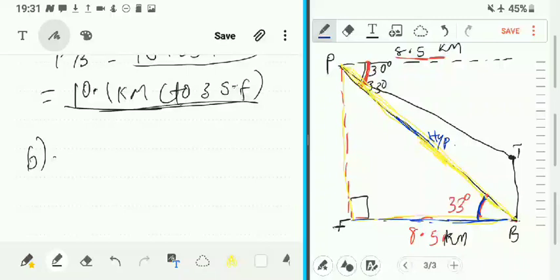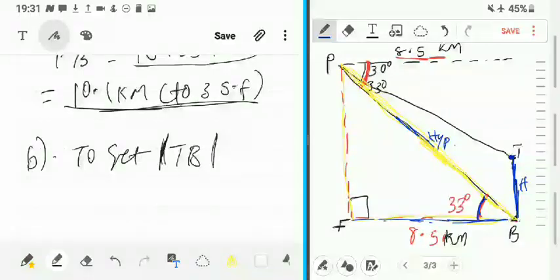Then the second part of the question says we should calculate the height of the control tower. This is the control tower. So the height that has to get TB. To get TB, you should know what these two lines mean. Now to get TB, let's look at the triangle.